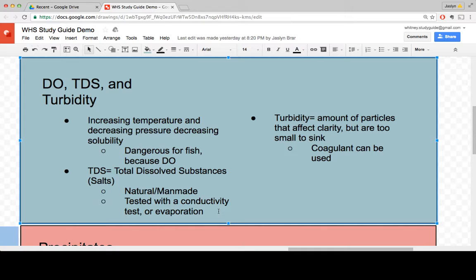Okay, so we have a question from Sarah Rive. Thank you, Sarah. Is increasing or decreasing temperature changing solubility only for oxygen or all solutes? Increasing or decreasing temperature would change solubility.